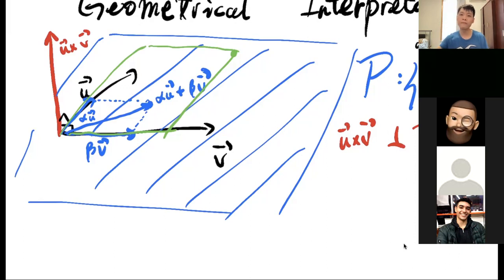What I'm asking is, alpha and beta, are those scalars? Scalars, yes. Okay, cool. What I mean by span is that the scalars can be anything. You take all possible combinations of alpha and beta, every possible linear combination, and that's why this collection of points forms a plane, right?